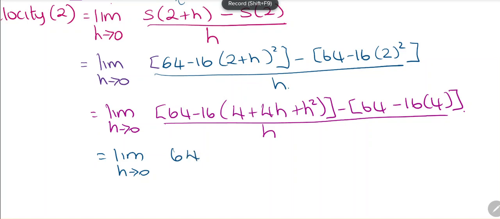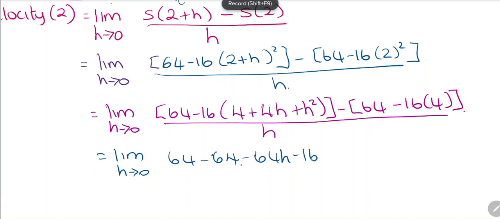So let's have a look at what we got. Let's do this bit by bit. 64 minus 16 times 4 is 64. Minus 16 times 4h is minus 64h.